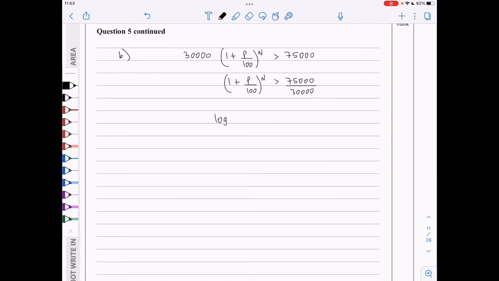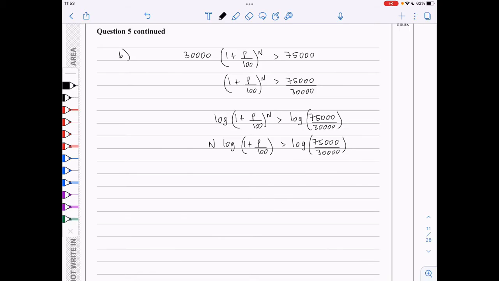So log of 1 plus p over 100 to the power of n greater than log of 75,000 over 30,000. I'm obviously taking logs base 10 here. You could take any base actually. The n can come down, so n log of 1 plus p over 100 is greater than log of 75,000 over 30,000.